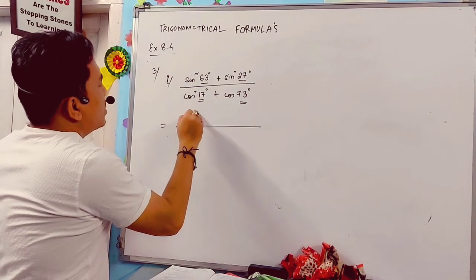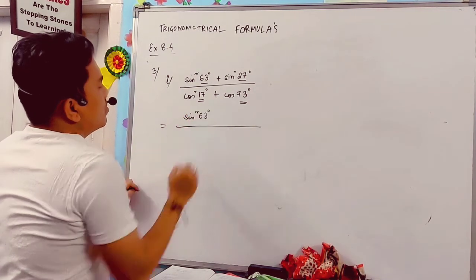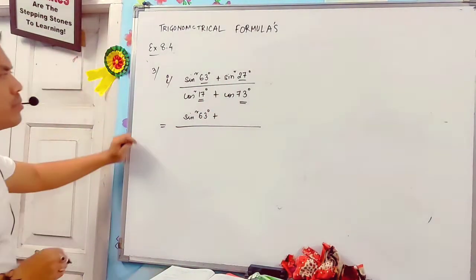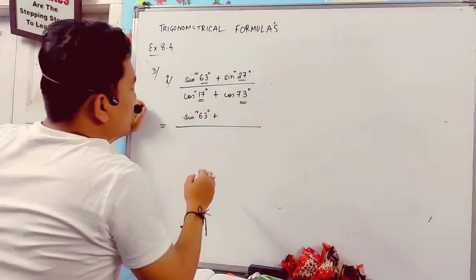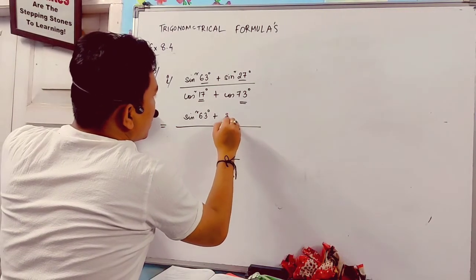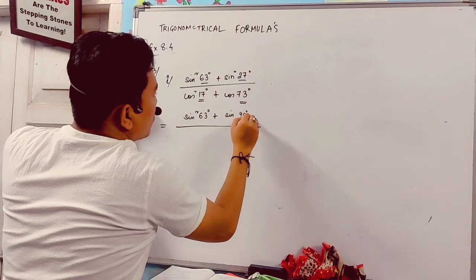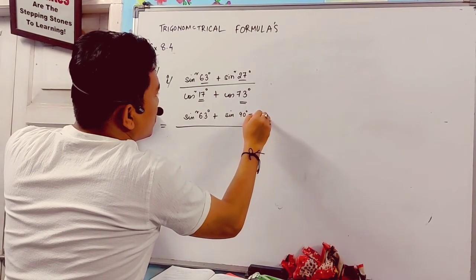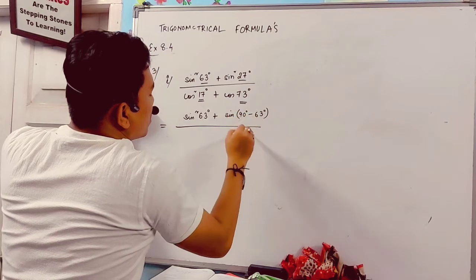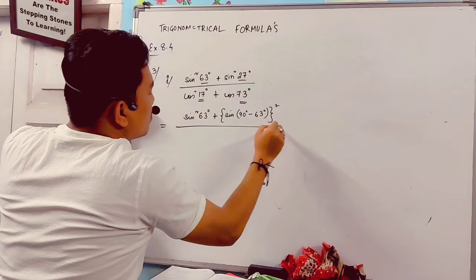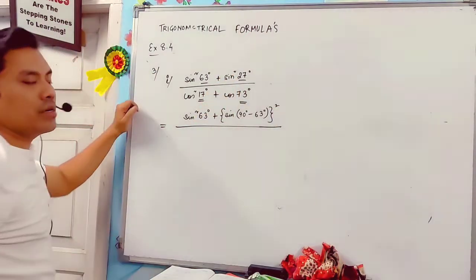Now let us convert the second one. So sine square 27 degree can be written in this way, sine square of 90 minus 63. Can we write? Yes. Why have I given square? Because square is here.